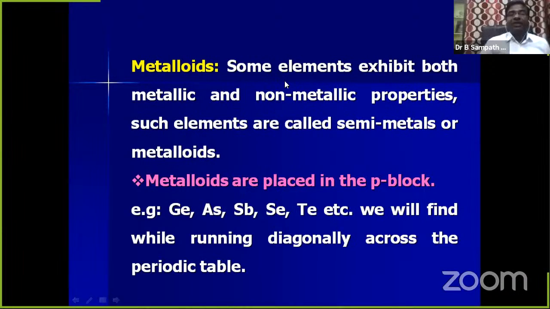But some elements exhibit both metallic and non-metallic properties, so such elements are called semi-metals or metalloids. Generally, metalloids are placed in the p-block elements. Examples are germanium, arsenic, strontium, selenium, tellurium, etc. We will find them running diagonally across the periodic table.